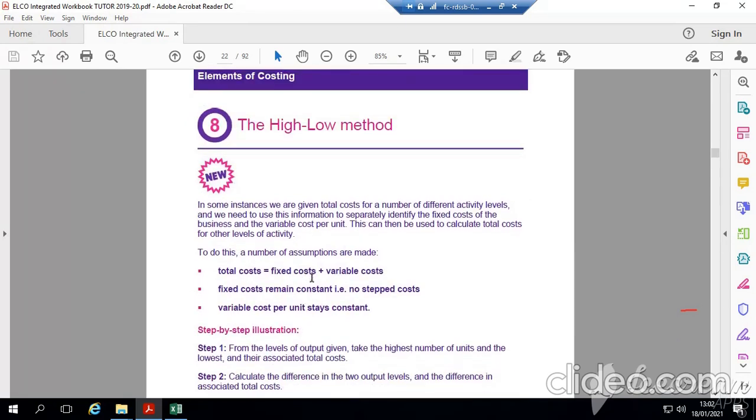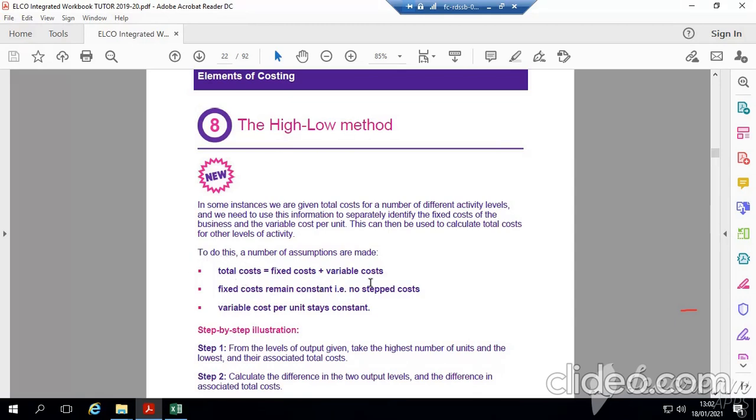The last one is the high-low method. It is one of the important methods required in production or manufacturing companies.